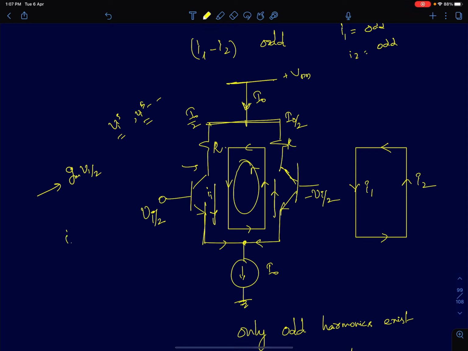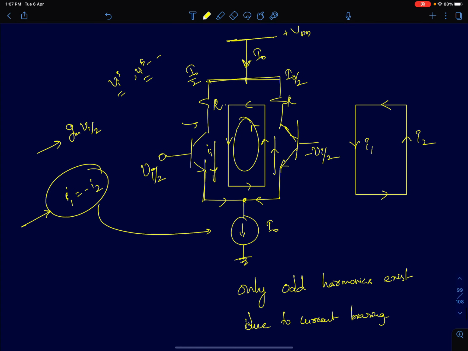So I1 should be equal to minus I2, which follows directly from current biasing, and this condition naturally enforces that any signal current in I1 should be exactly equal to minus that in I2. This automatically enforces I1 and I2 to be odd functions. Only if I1 and I2 are odd functions can they obey this condition.